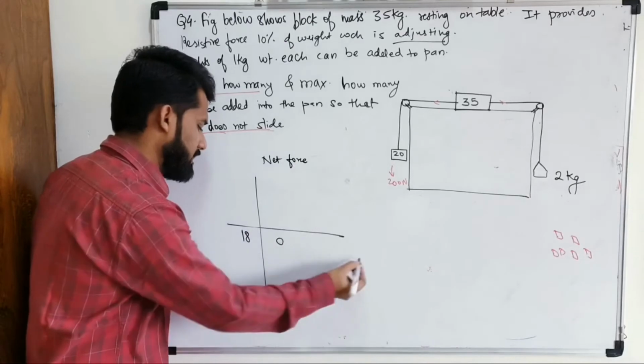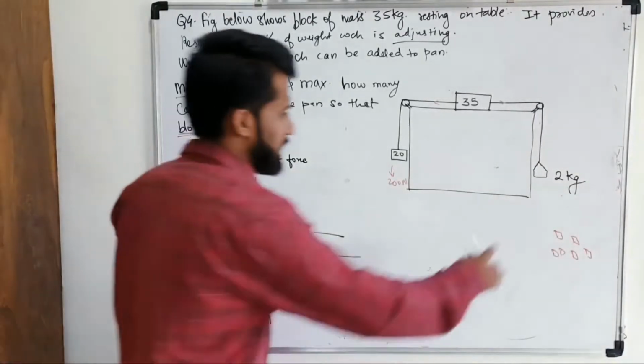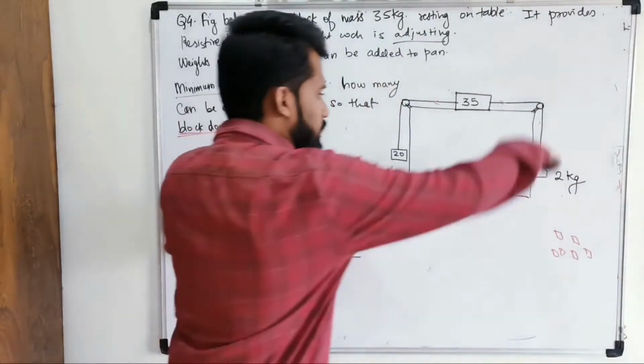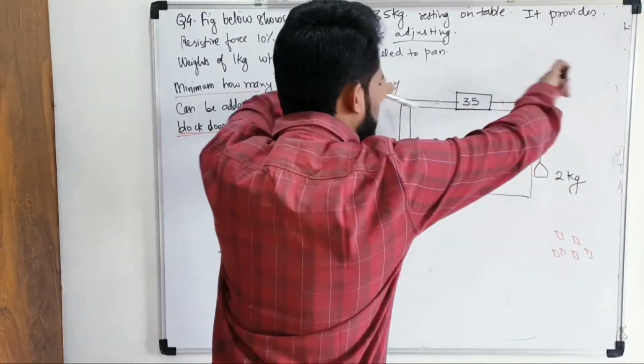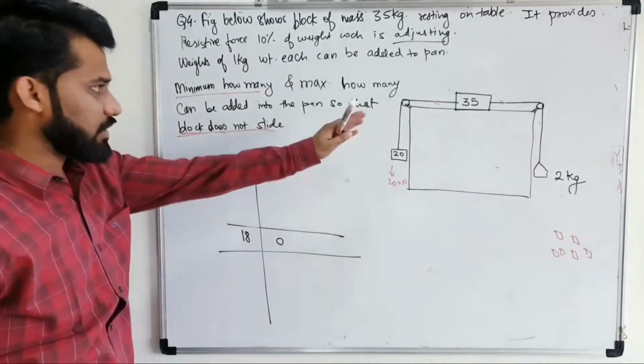Net force on the block will be 0. Because when 18 is put, 18 plus 2 is 20. 200 Newton on each side. Net force is 0. So the block will not move.